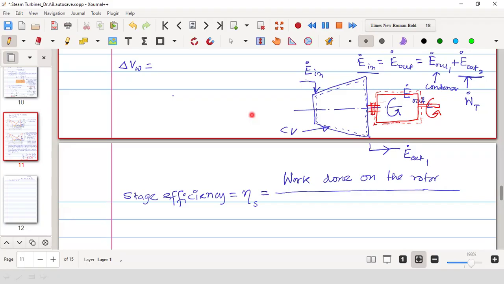Now for the alternator, the turbine is doing work on the alternator. The rotor is doing work, because some of the energy of the steam has been transferred to the rotor. Now the rotor has the capacity to do work. So it has gained some energy, and therefore it has the capacity to do work on the alternator. It will rotate the alternator, because they are coupled.